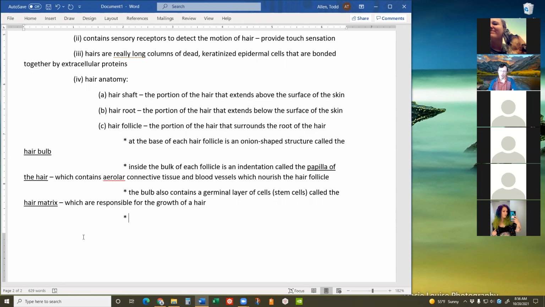But the cells below the surface of the skin, in the hair root, and even more appropriately in the hair follicle, do contain some living cells with intact DNA. And it's in that region of the hair, if you get a hair follicle, you're going to find cells from which you can recover intact DNA to do a crime scene investigation.